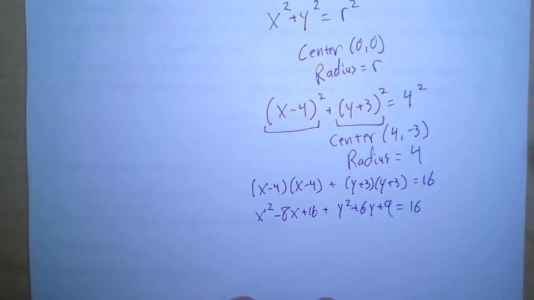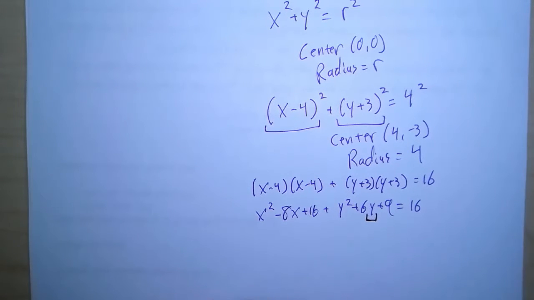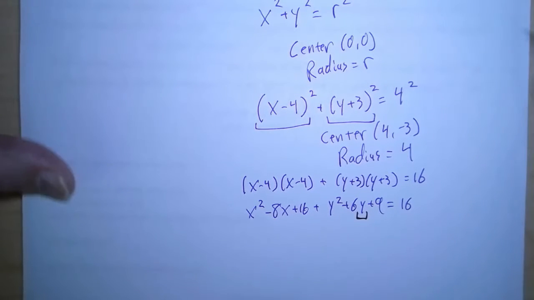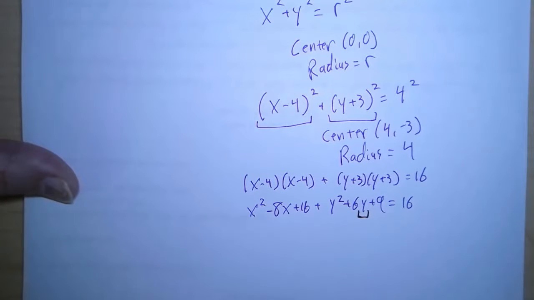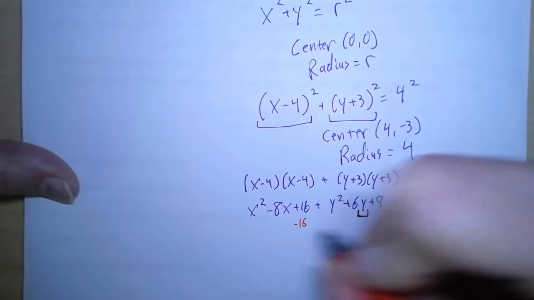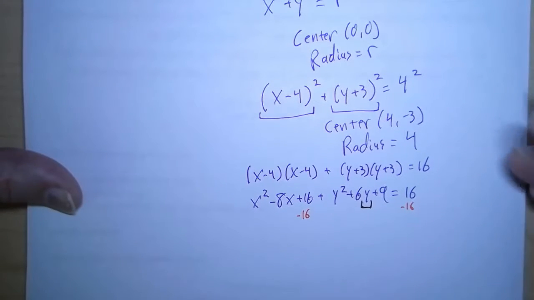Now again, y is what we're interested in solving for. So everything else has to be subtracted over to the other side of this equation. We can make this a little easier on ourselves by noting that we've got 16 here and 16 here, so we can cancel those out. And then everything else gets subtracted over.